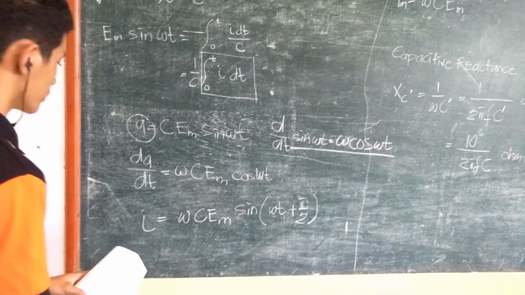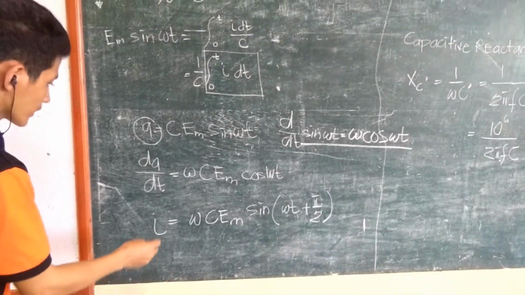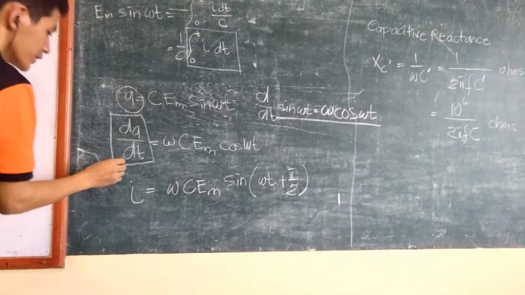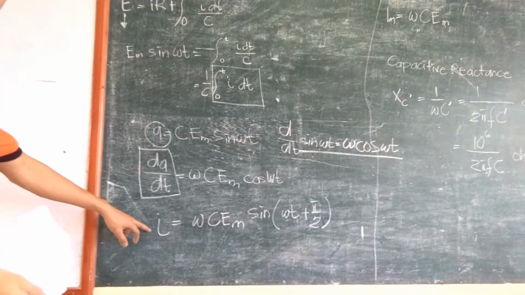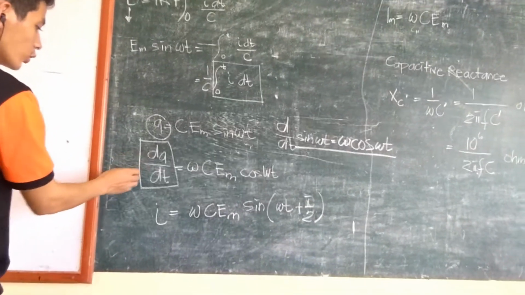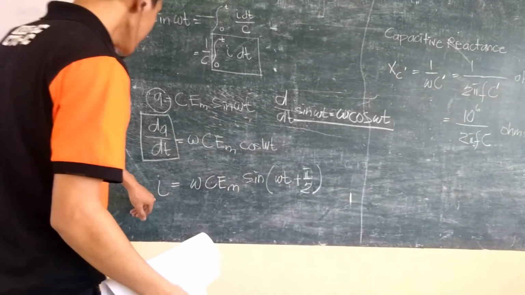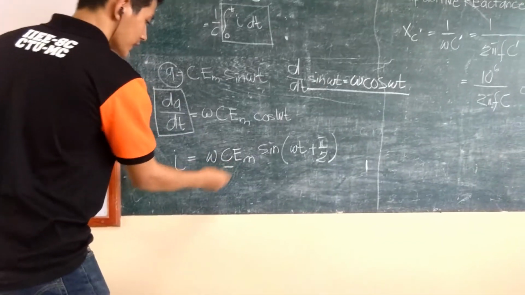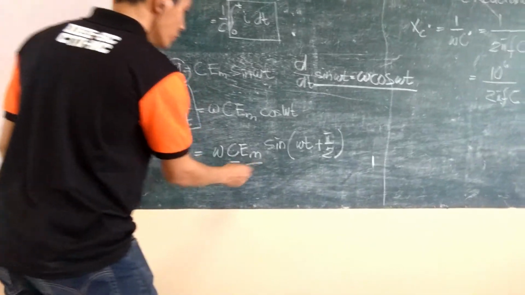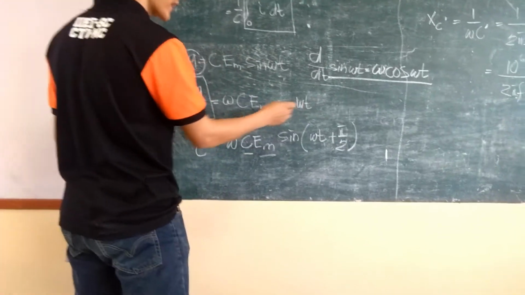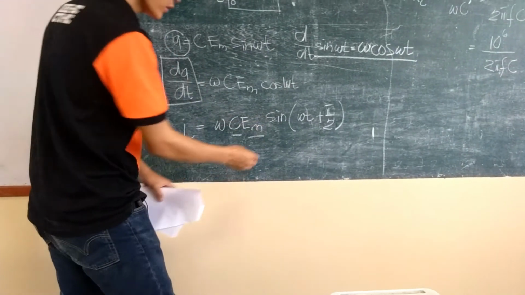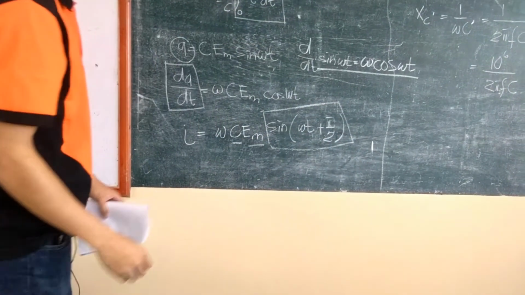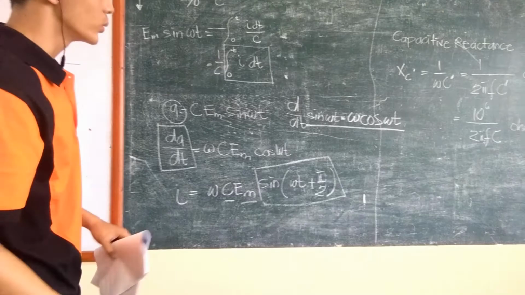So let's continue. This is already the sinusoidal current, which is dq over dt. Therefore, I is equal to omega times the capacitance times the maximum voltage, and since cosine omega t is also equal to sine of the quantity omega t plus pi over 2.